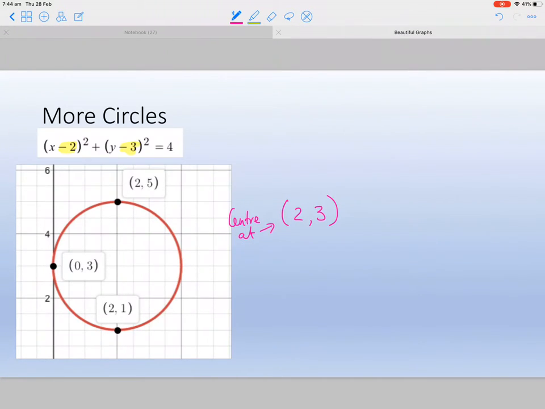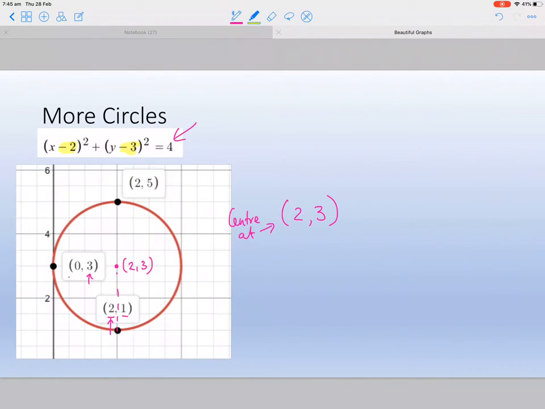Now you can see here, because I've put in the coordinates from Desmos, that the center of the circle, see the first number is the x-axis and the second number is the y-axis, is indeed 2, 3. Now what radius does this have? It's not 4, it's the square root of 4.